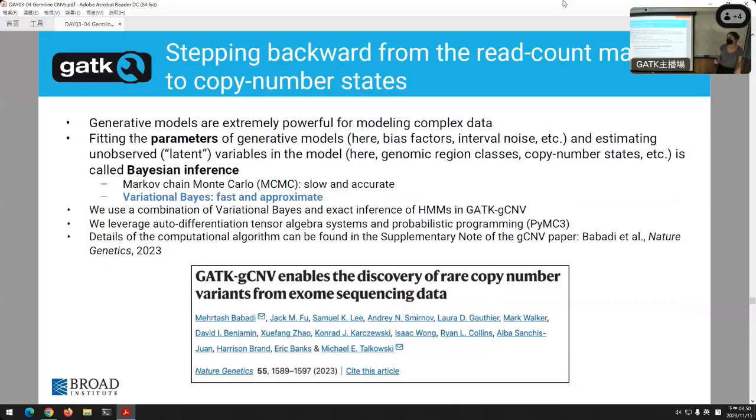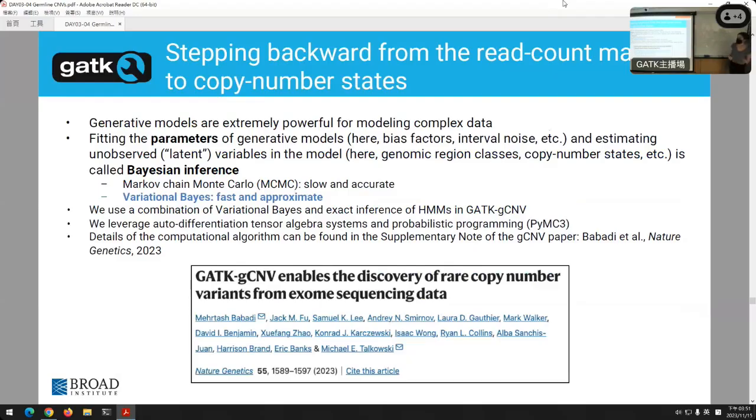Importantly, when we're using Bayesian inference, we don't just get a point estimate for the copy number. We're actually estimating the posterior distribution. So we don't just get one number for copy number, we also get the probability that that number is the right one. So we get a confidence, which we can turn into a quality score for our copy number variant calls.